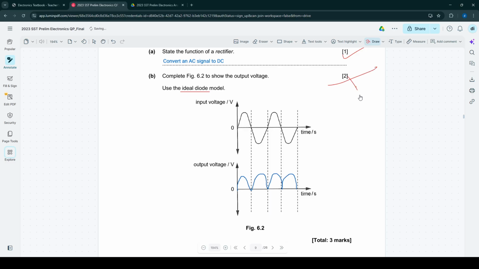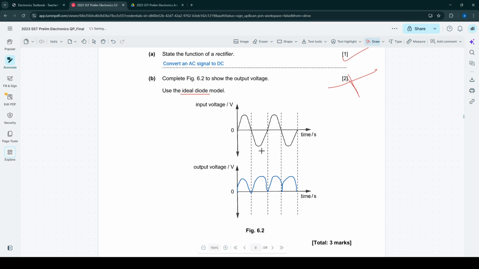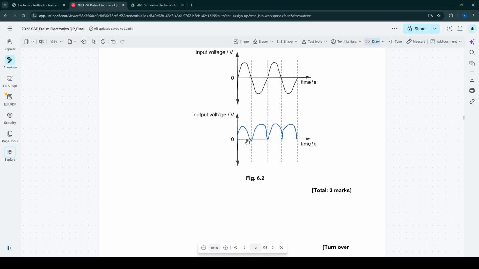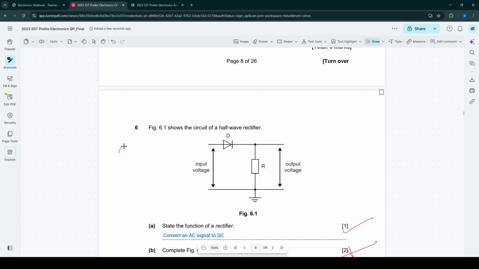You get 0. So, guys, basically, let's say this is an AC graph. It goes from positive to negative. Let's say positive is this way, then current can flow because of the diode.